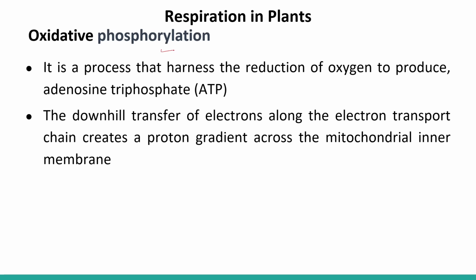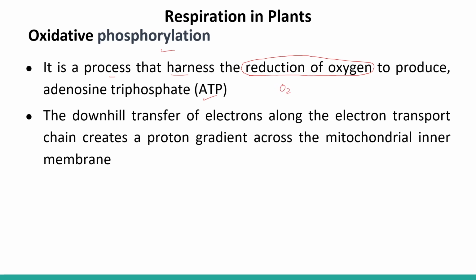So let's start with oxidative phosphorylation. Oxidative phosphorylation is a process that harnesses the reduction of oxygen. You can underline this one. It harnesses the reduction of oxygen to produce energy-rich compounds such as adenosine triphosphate. So, reduction of oxygen.